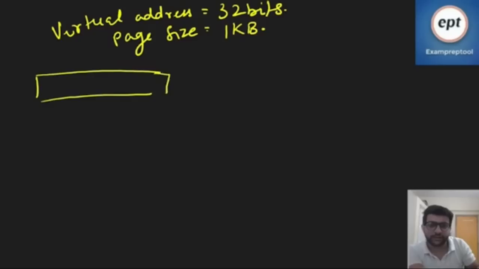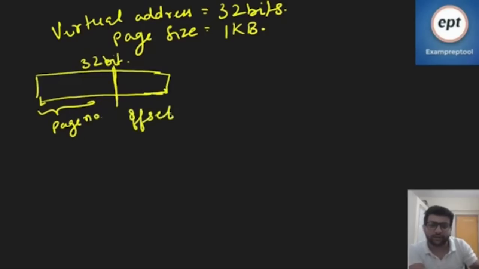So we have been given a 32-bit virtual address, right? Out of this 32-bit virtual address, let's say this is our page number and this is our offset, right? So 1 KB is equal to how many bytes? It is 2 power 10 bytes, right?